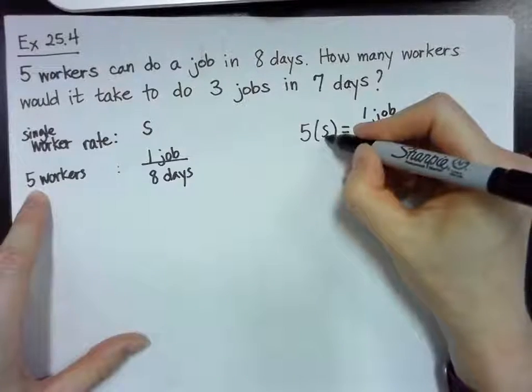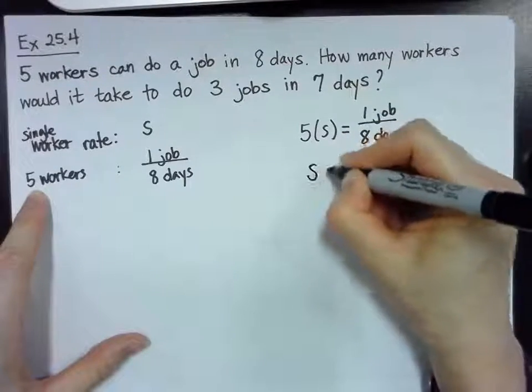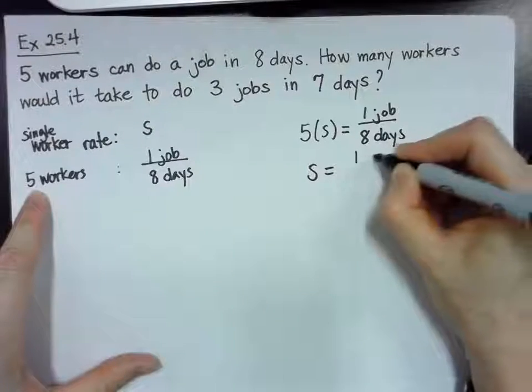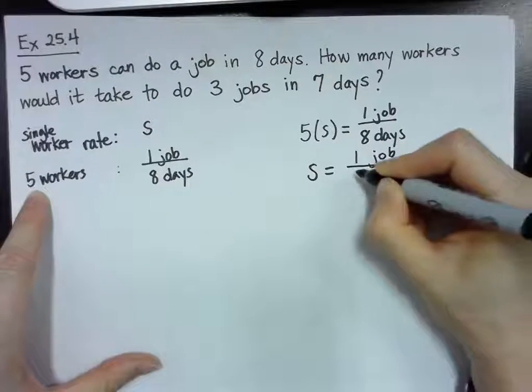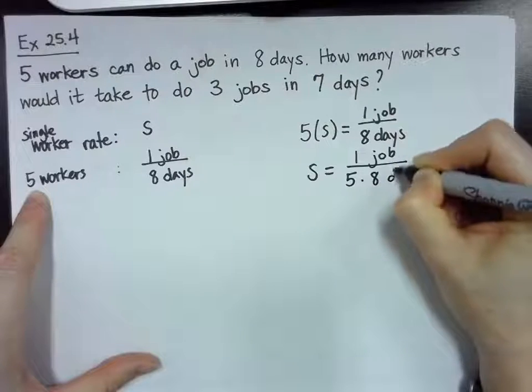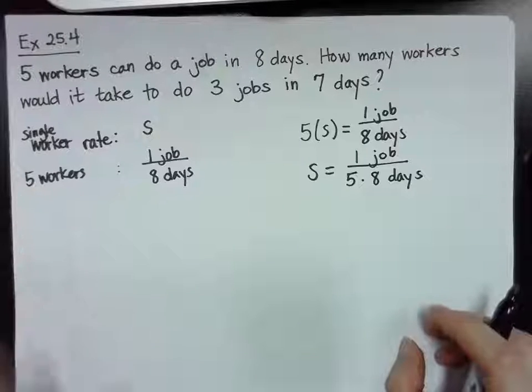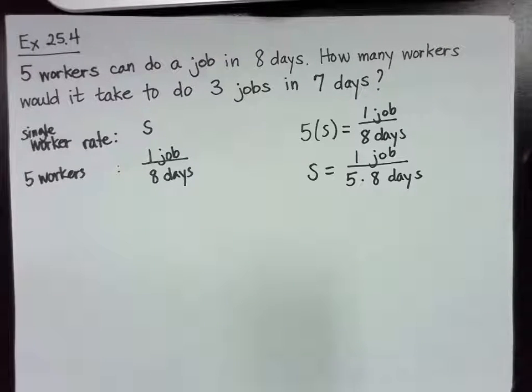So the single worker's rate, with just one person by himself, would be 1 job in 5 times 8 days. That would be the rate for a single worker. And that might be how you want to think about solving these problems.